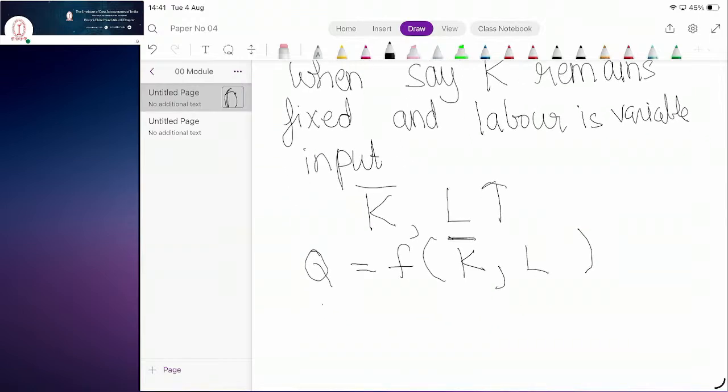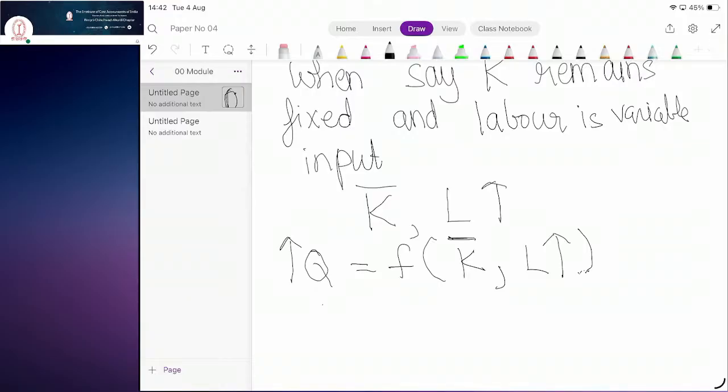What will happen to the output? Can you tell from intuition what will happen if we keep increasing labor? It will increase, absolutely right. When labor increases, output will also increase.